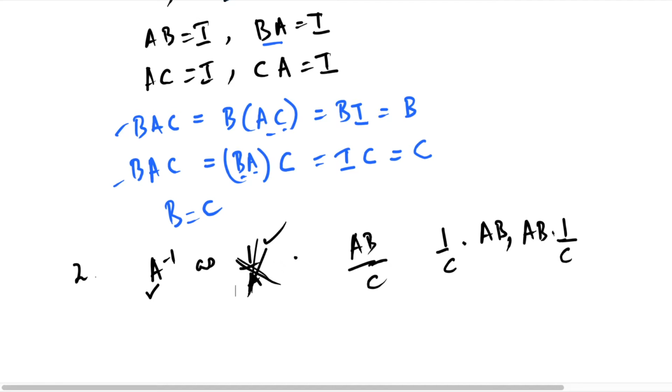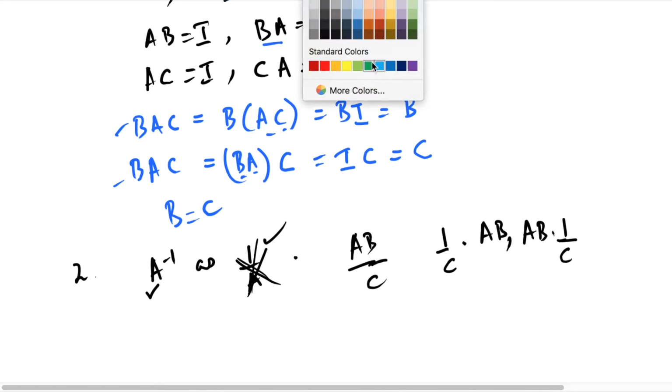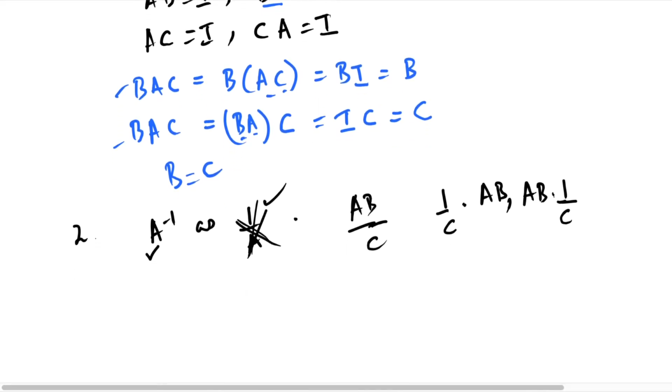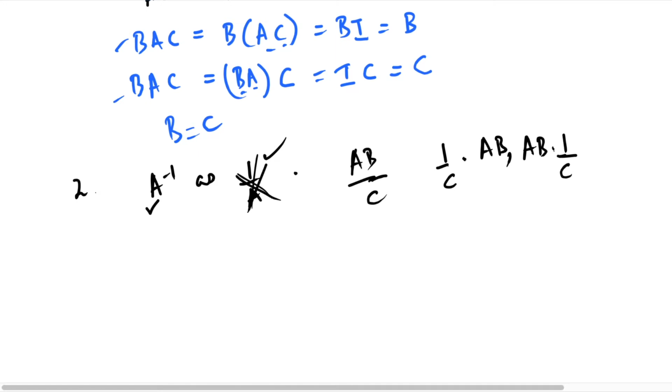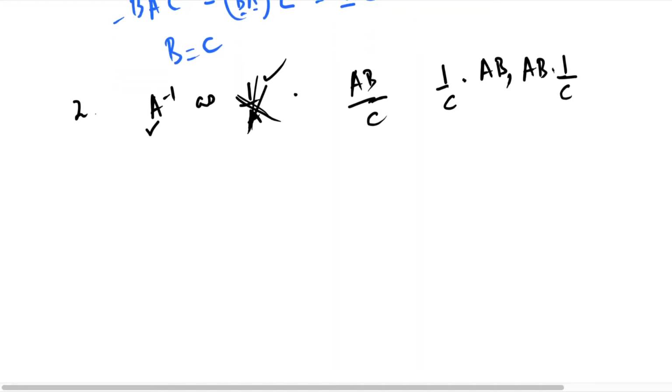With that said, let's try to calculate the inverse of a matrix, and let's do it for a 2 by 2 matrix. Let A be a 2 by 2 matrix, which is A, B, C, D, where A, B, C, D are scalars.